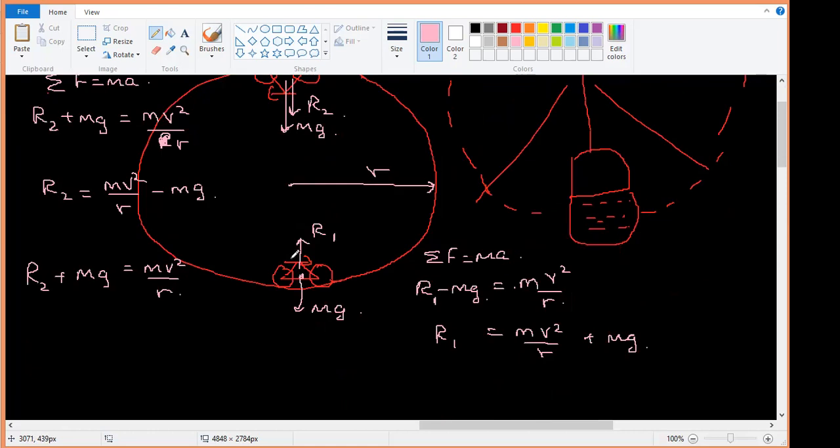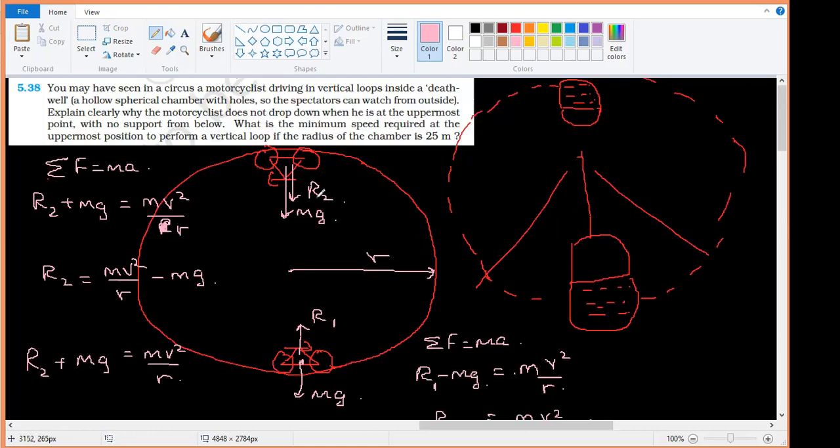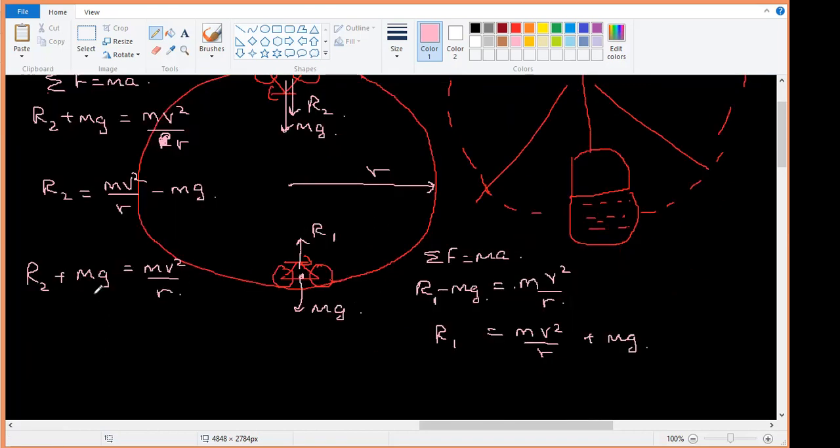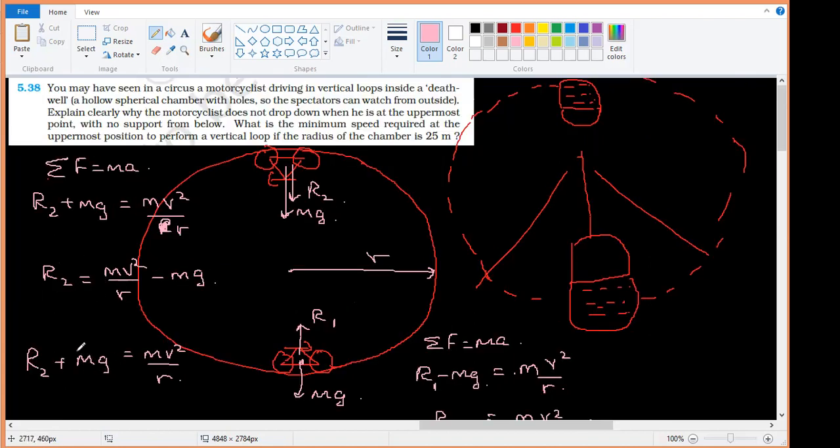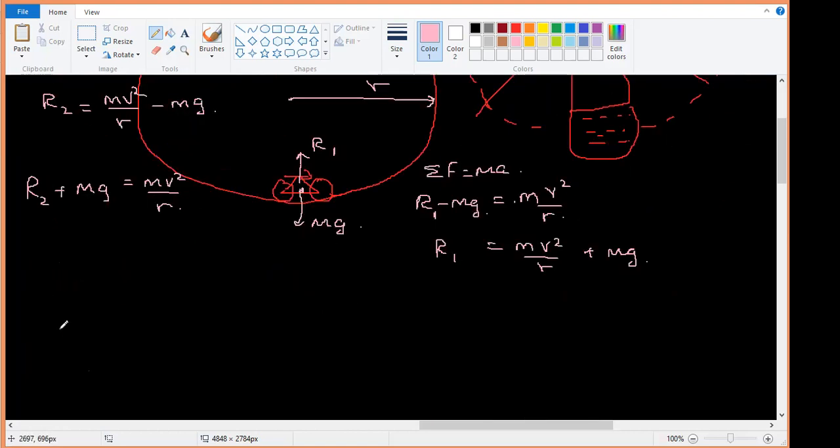So the concept here is, when you are at the topmost point, the reaction here will be 0 for the minimum speed to keep going around. You can see that the reaction force is added to the weight, but the weight cannot be made 0. To find the minimum speed to go around the circle, I can make this 0, because weight cannot be made 0.